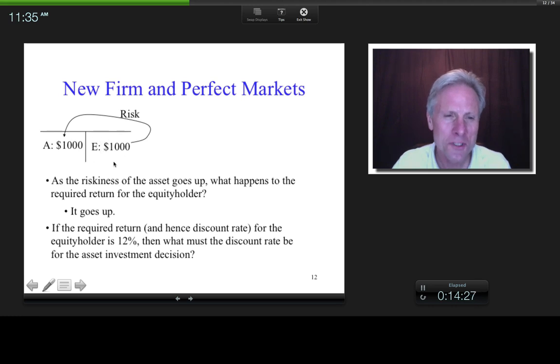So if the overall discount rate or required rate of return on this side is 12%, then what is the required rate of return on the other side? In other words, the discount rate for the asset investment decision. Well, it's also 12%.